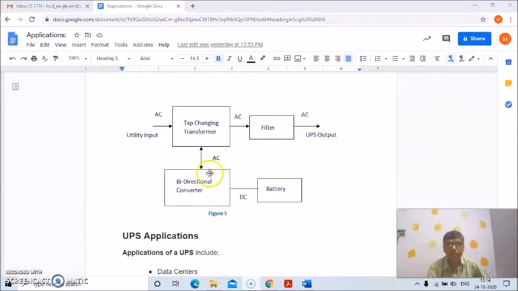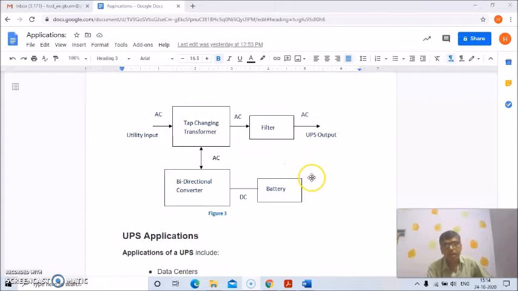This bidirectional converter is used basically for charging the battery and storing energy. It will work as a converter, a rectifier, and during power failure the DC bus will supply the DC input, and the output AC will go to the transformer, and the required voltage will be the output for the load as UPS output. So this is the line-interactive UPS.